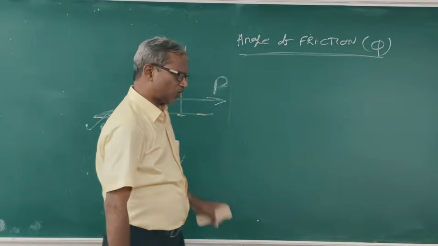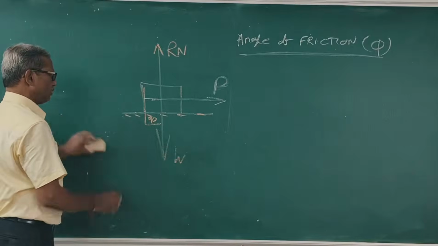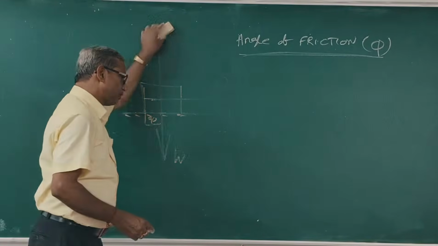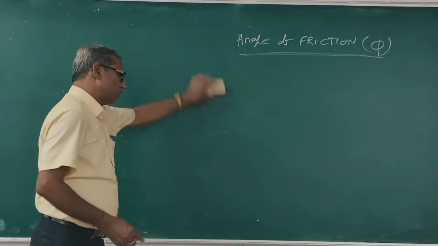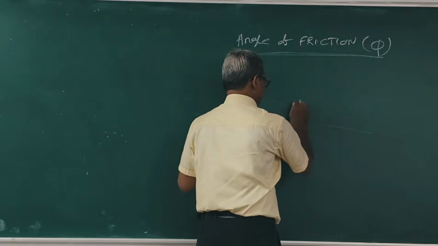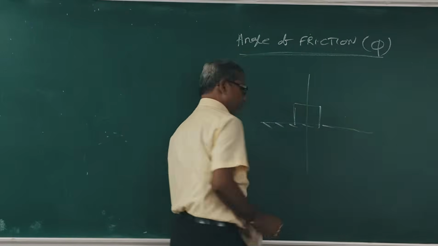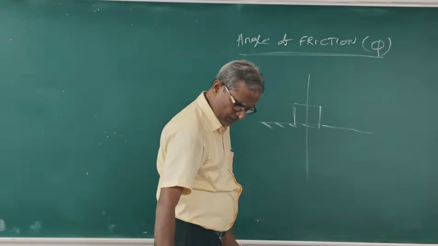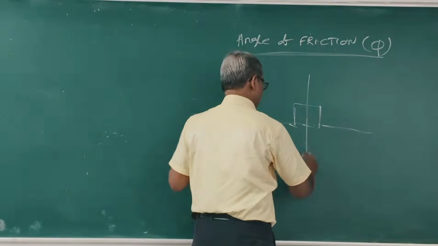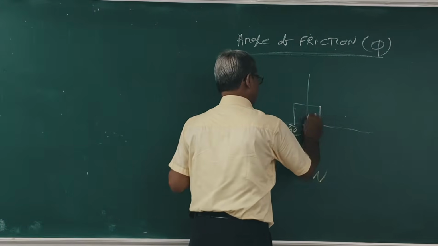Come to here. Suppose this is surface B, body A, its weight is W, and this is normal reaction Rn.